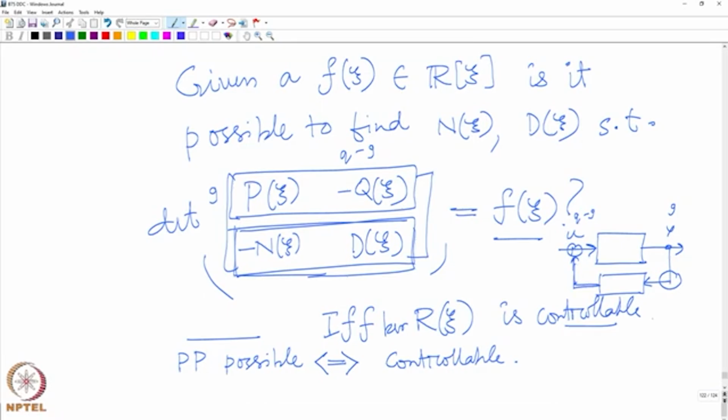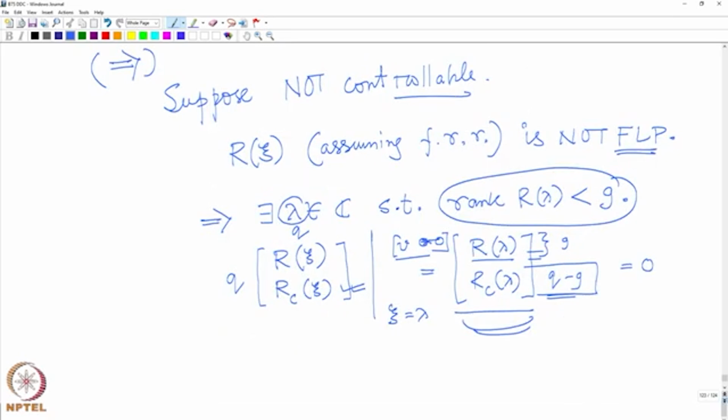So the rank of this controller must be q minus g. If we assume full row rank, without loss of generality, then the size of R_c(λ) must be q minus g cross q. That is how you make sure that this is square and full row rank.